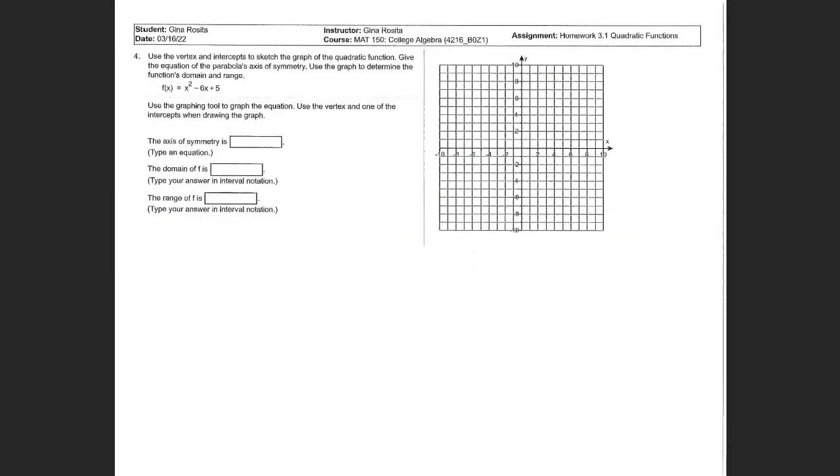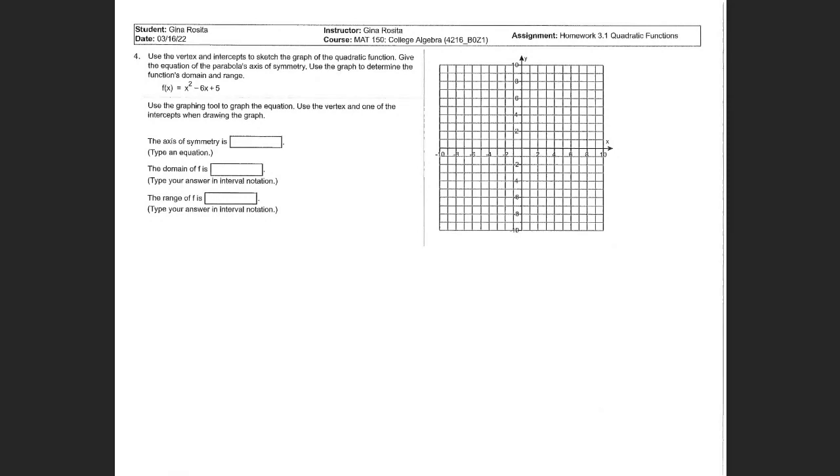Now number 4. Same, just different. Find the vertex. Let's change the color. Okay. So now write down the formula first, to make sure we understand this one.